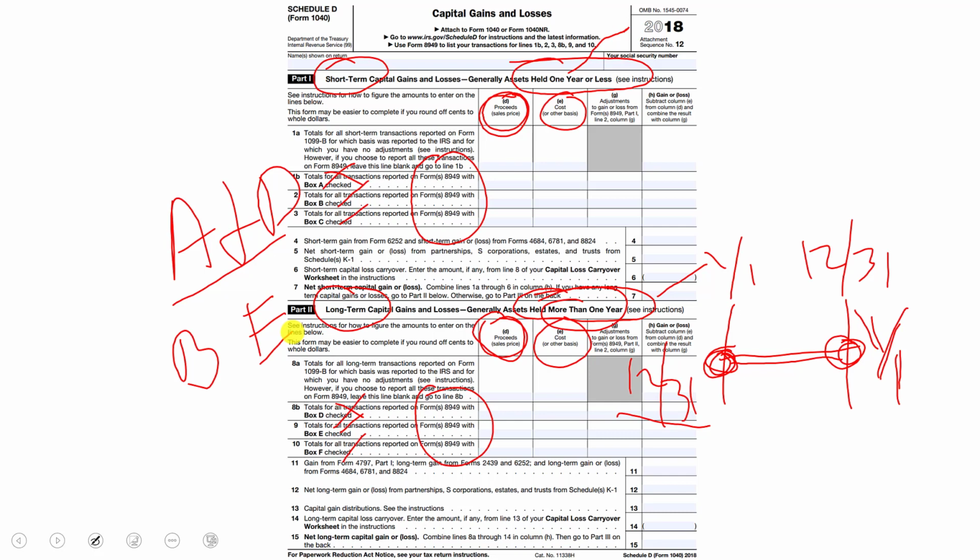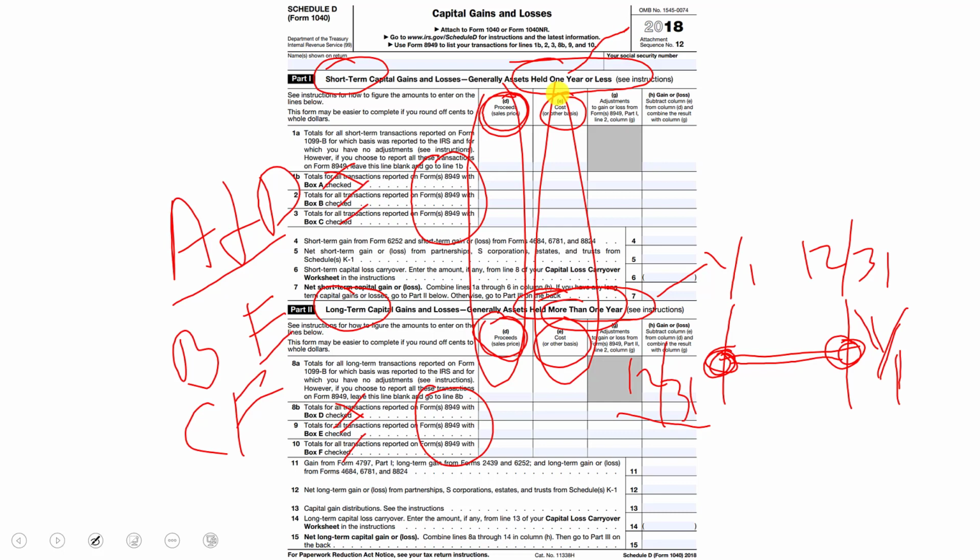And if you have situation C or F, then nothing was reported by the broker or the escrow company to the IRS. So the sales price and the cost all is coming from the records of the taxpayer, and nothing directly reported by anyone else to the IRS.